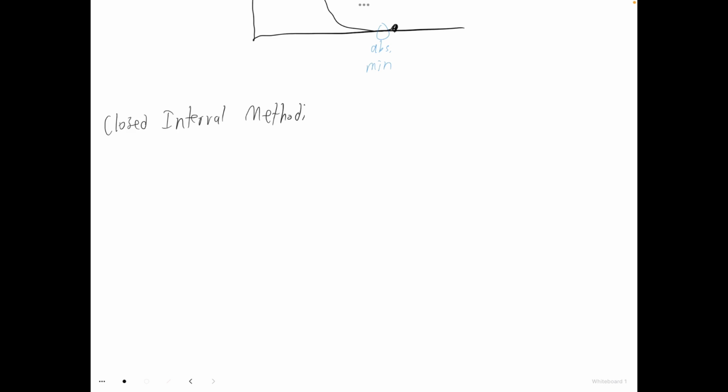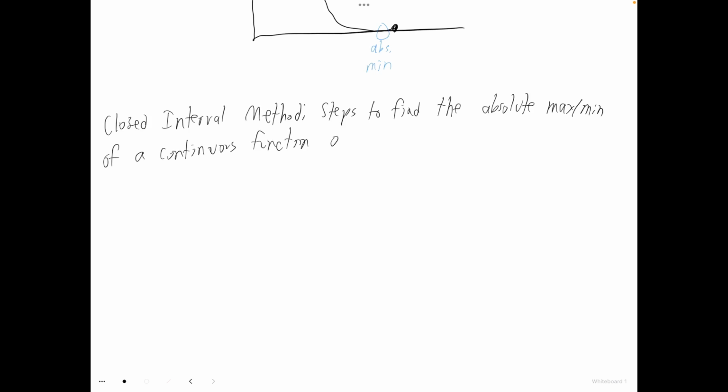So now the closed interval method is just a way to find the absolute maximum and minimum. And so these are the steps to find the absolute max/min of a continuous function f on a closed interval a to b.